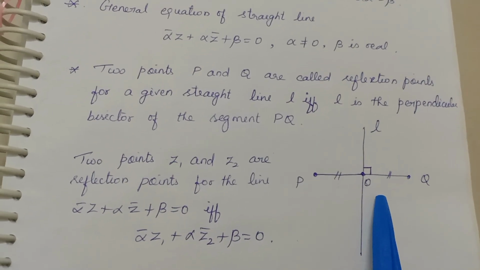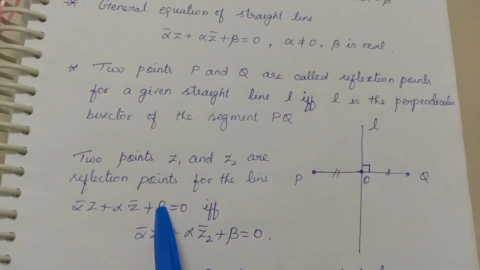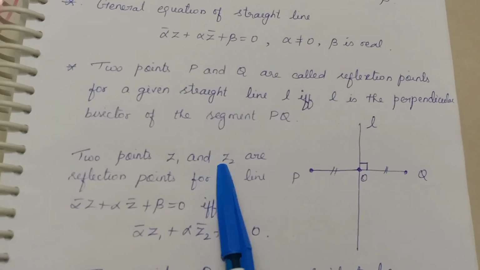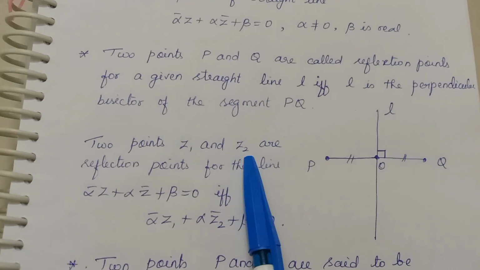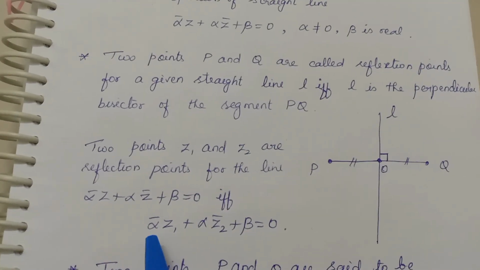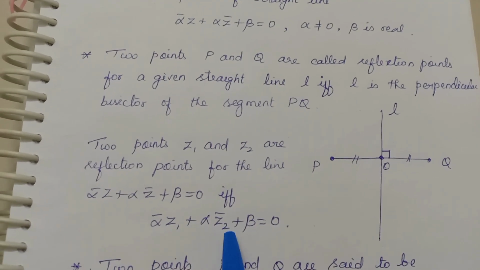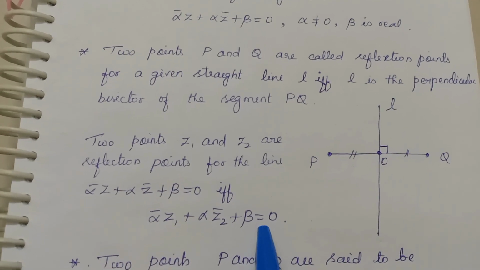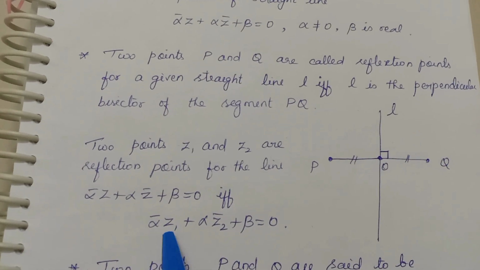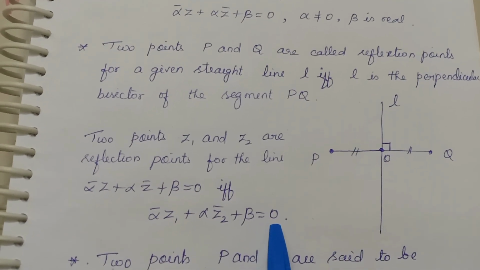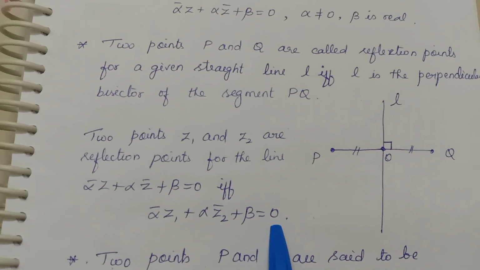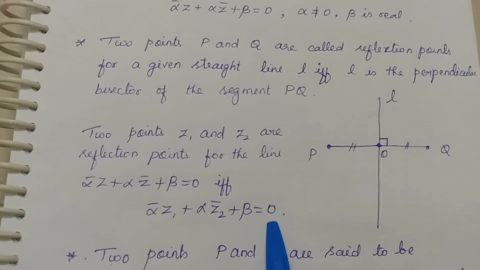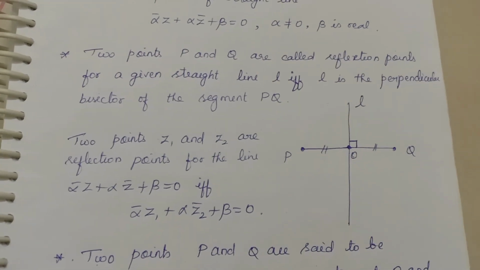But for doing problems, if you are given a line and you want to check whether Z1 and Z2, two given points, are reflection points, the condition to be satisfied is alpha bar Z1 plus alpha Z2 bar plus beta equal to 0. Okay, so for doing problems, this is the condition to be satisfied for 2 points Z1, Z2 to be reflection points for a given straight line.